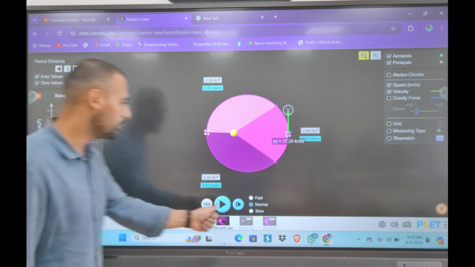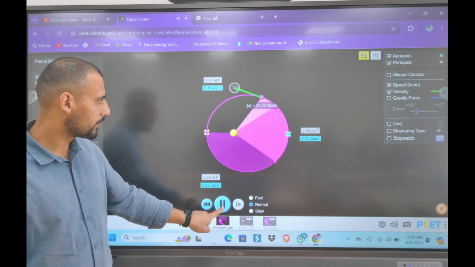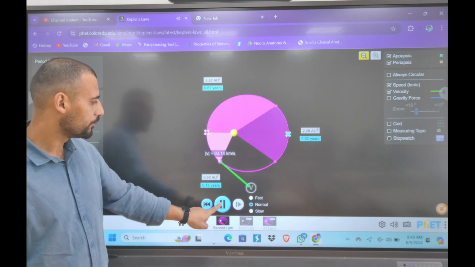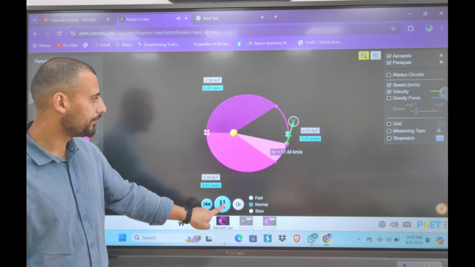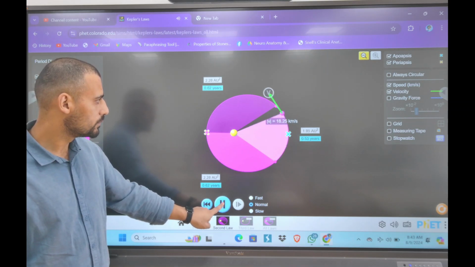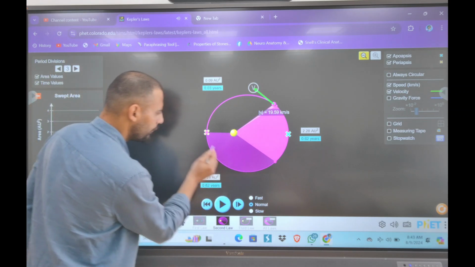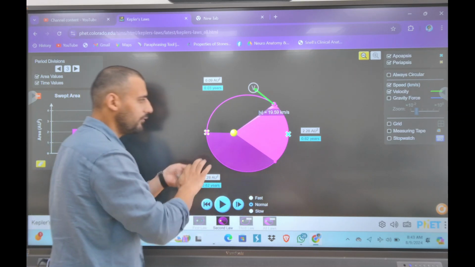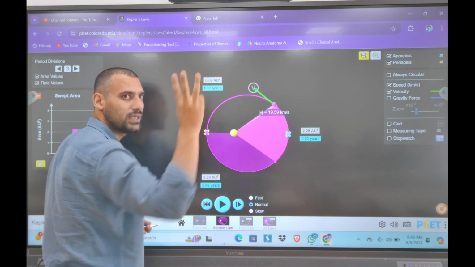Now let me play the simulation. Now see what is happening. From this point up to this point, I have split the area around the sun into 3 segments.